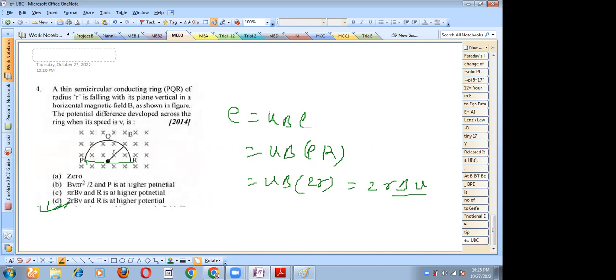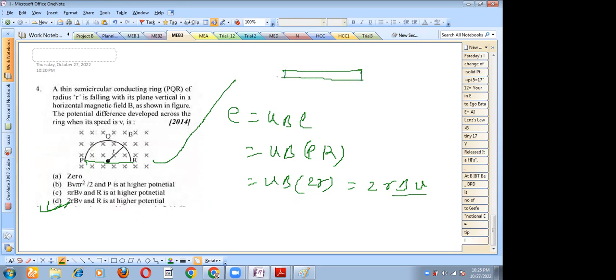Let's prove my point. Sir, it's written that R is at higher potential. How so? Same thing: you can consider the semicircular wire as a rod PR.